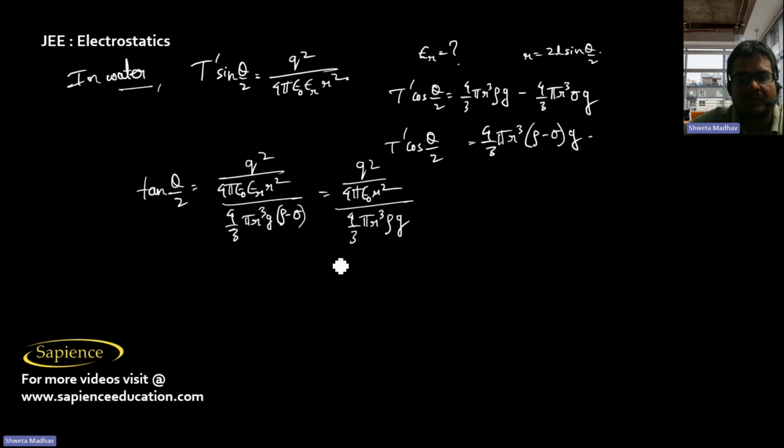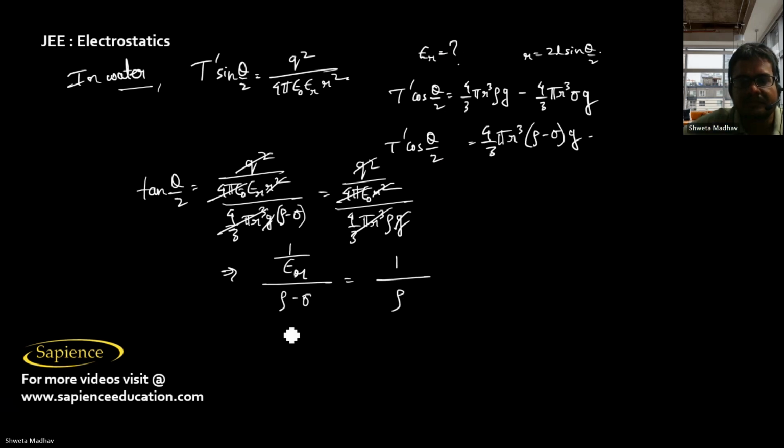Now Q square cancels, 4 pi epsilon naught r square cancels, 4 by 3 pi R cube g cancels. So we get 1 by epsilon r divided by rho minus sigma equal to 1 by rho, meaning rho by epsilon r is equal to rho minus sigma.